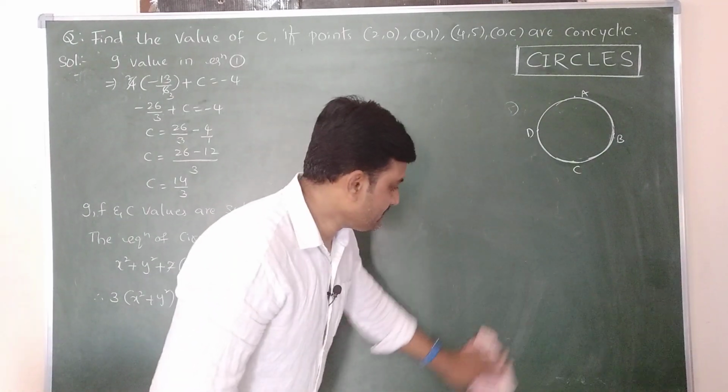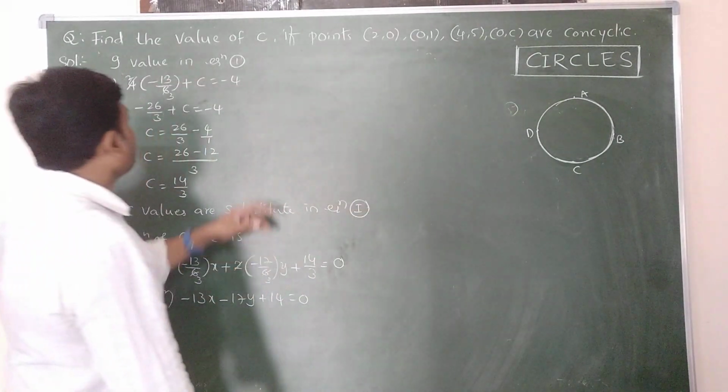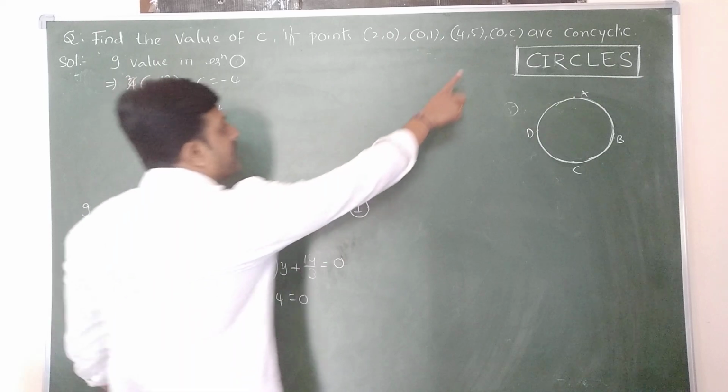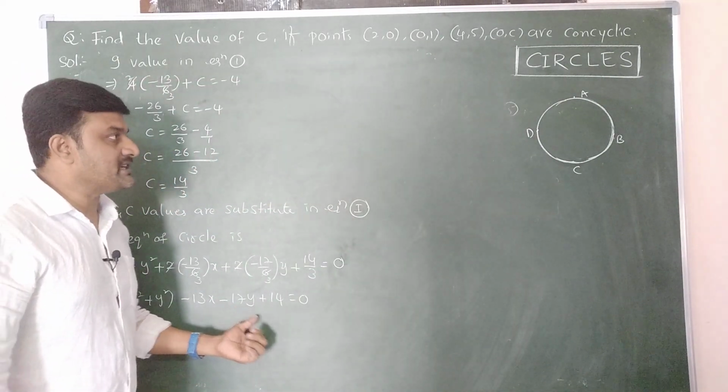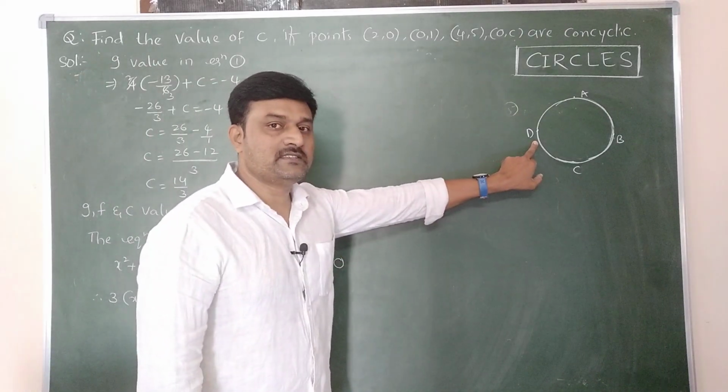And the remaining fourth point D (0, c), we can substitute in the equation of circle because that point is also on the circle.